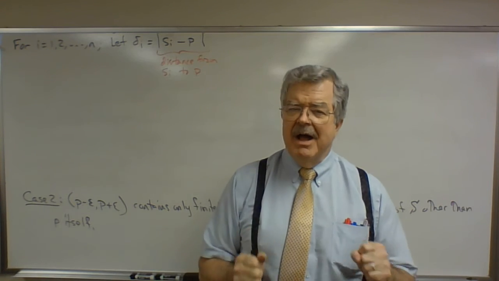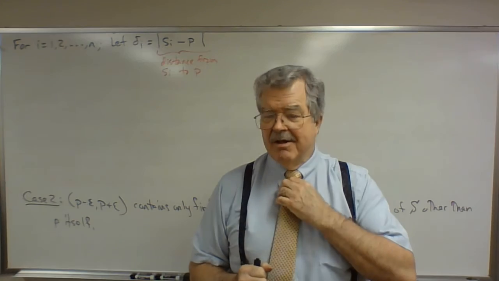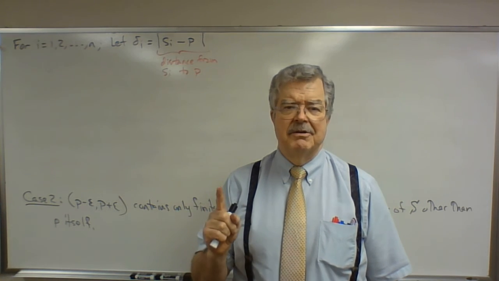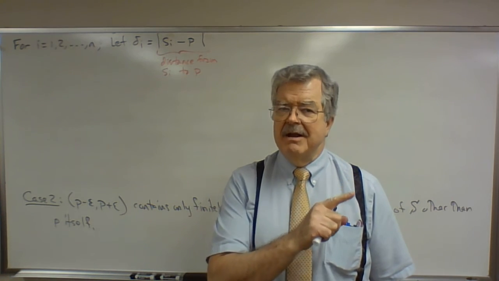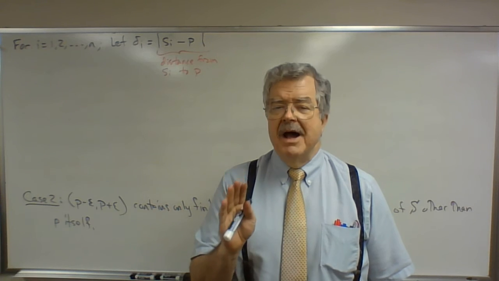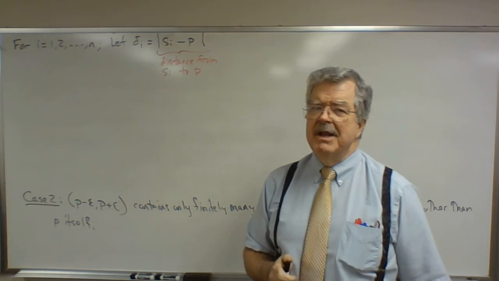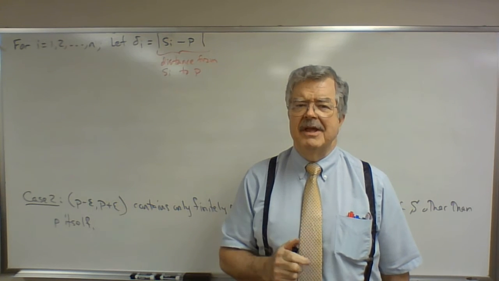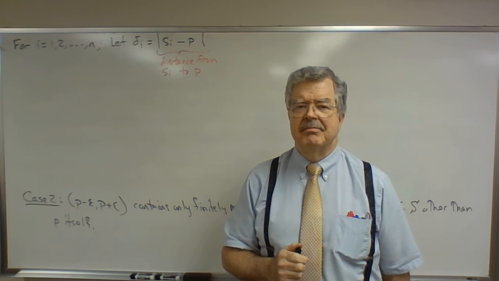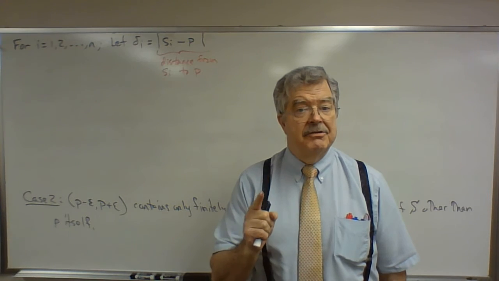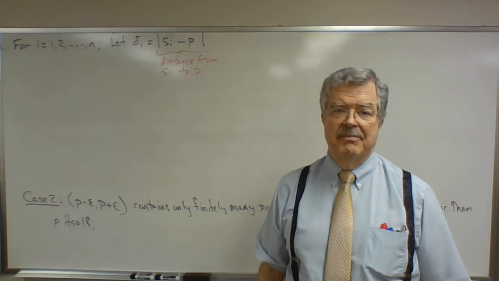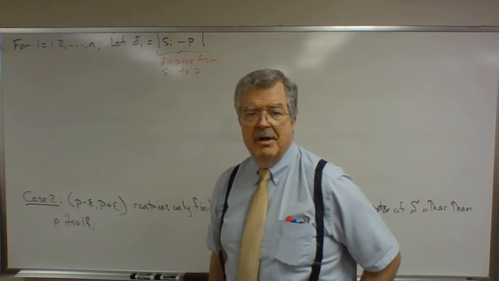We have a non-empty set of finitely many real numbers, delta 1, delta 2, dot, dot, dot, delta n. And what is always the case? There has to be a largest value, and there has to be a smallest value. So let's look at the smallest value.